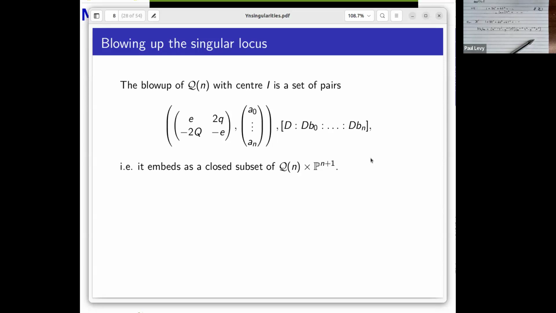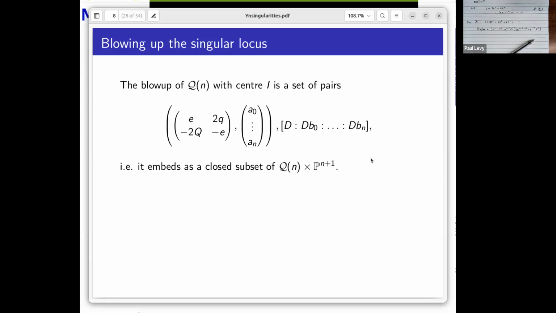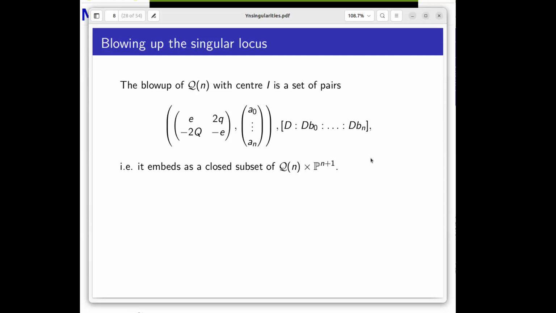But a priori, I don't know a way to see, given an ideal, whether it will be crepant, which is the same thing as saying that the symplectic form extends to a symplectic form on the smooth part. Okay.